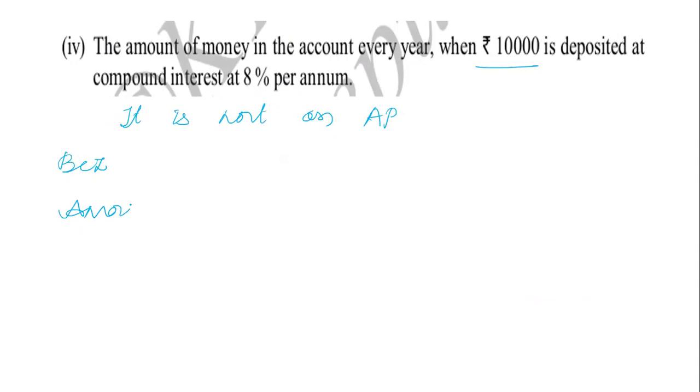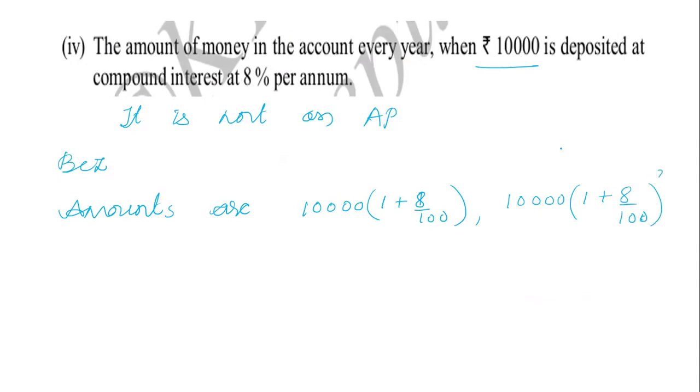We know the compound interest formula: the amounts are 10,000 into (1 plus 8 by 100), next, second term, 10,000 into (1 plus 8 by 100) whole square.